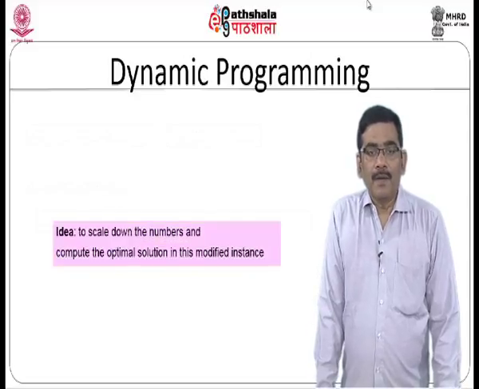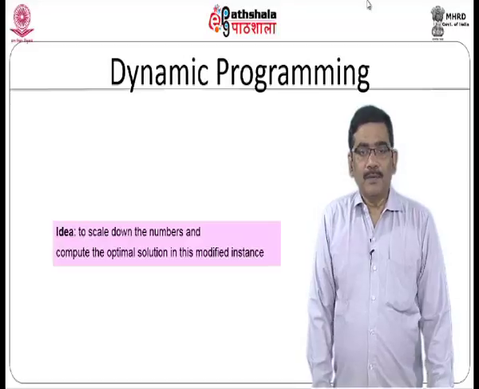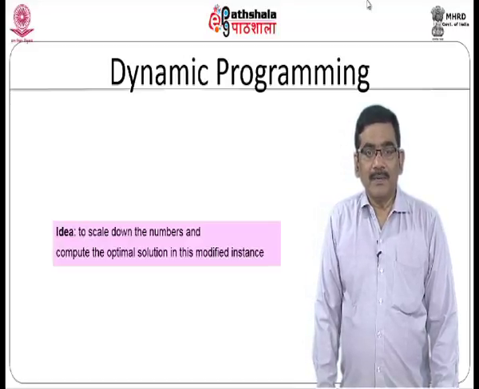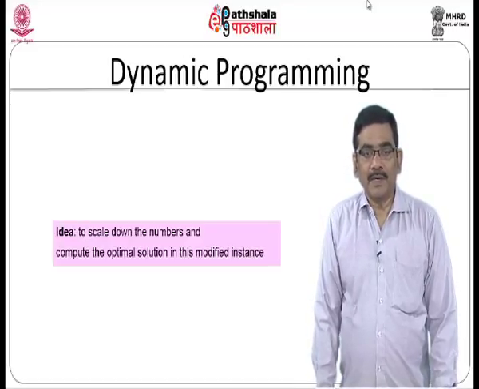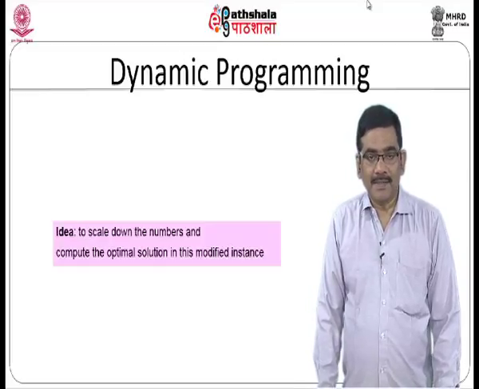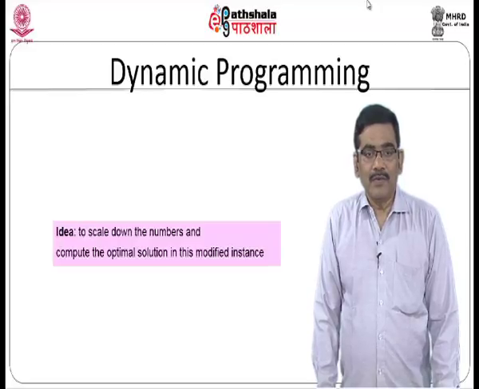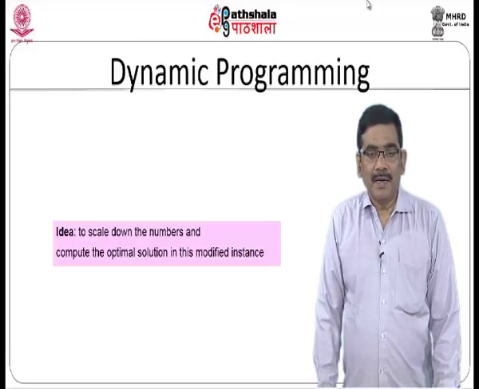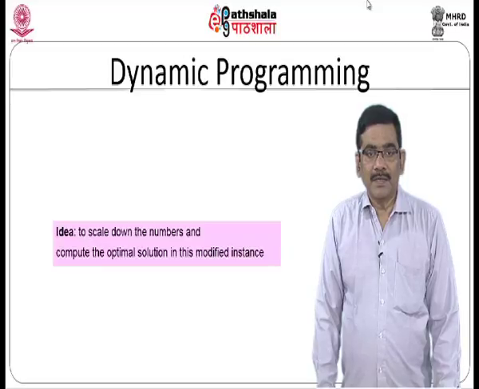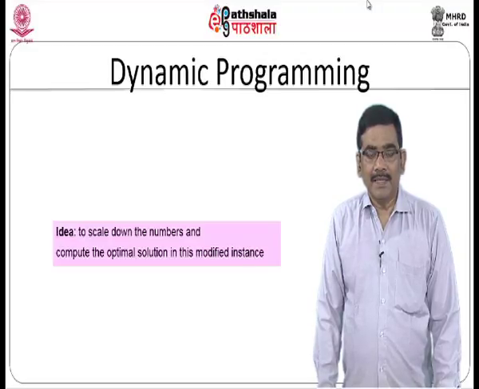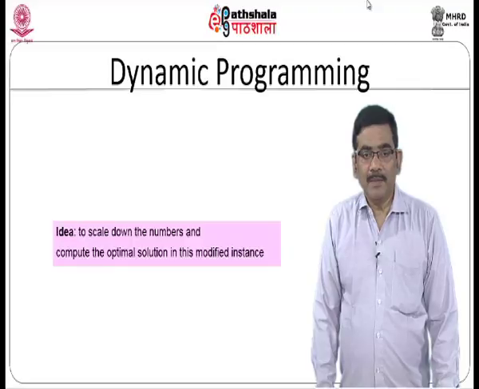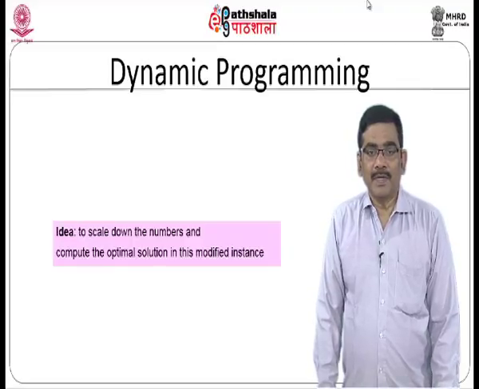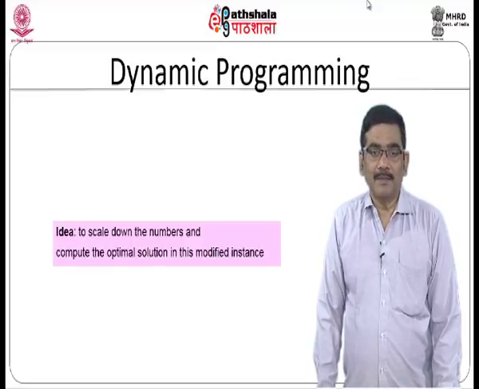So, in the approximation algorithm, what we will try to do is scale down the numbers and compute the optimal solution for this modified instance. In other words, if you have 100 and you want to trim it 10 times, you divide by 10 to get 10, and for these smaller numbers you can find a pseudo polynomial algorithm. That is the key.